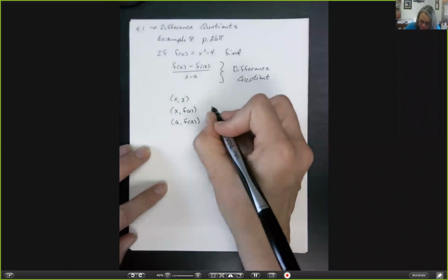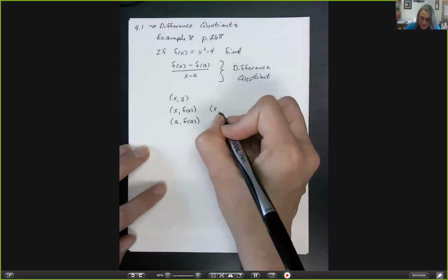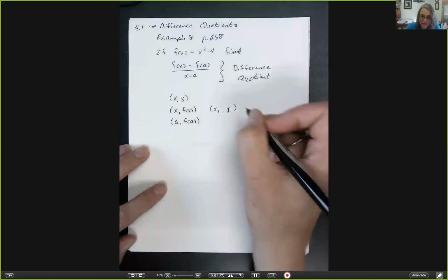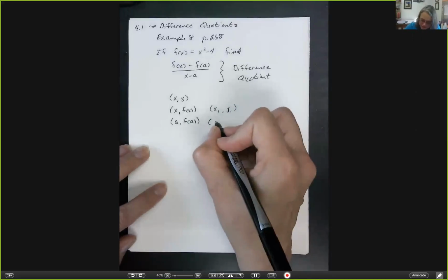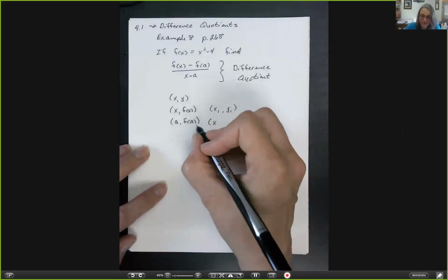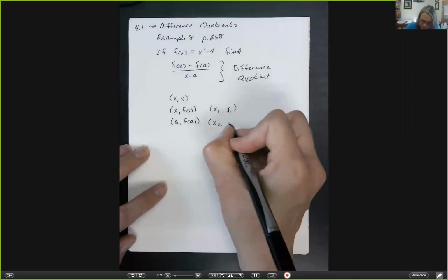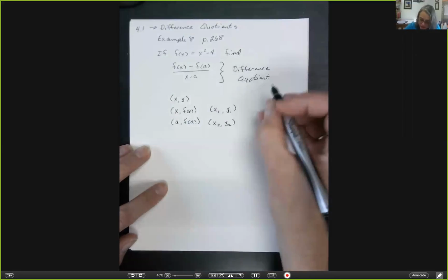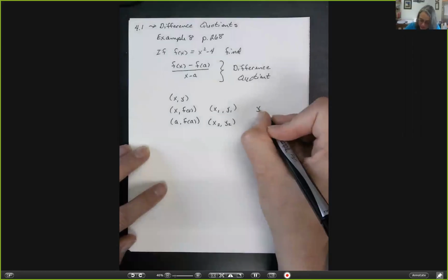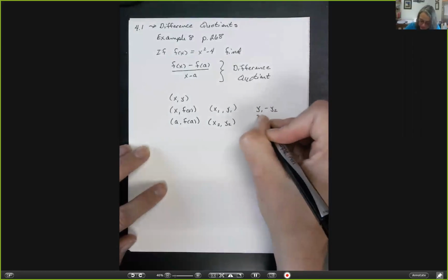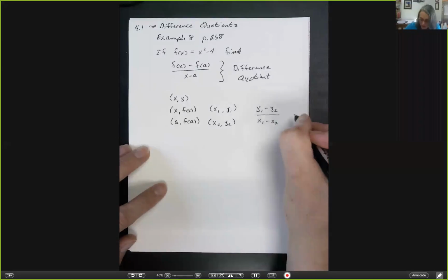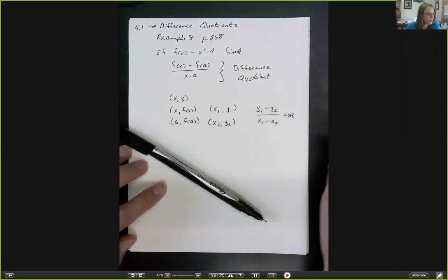So if we think of this x comma f of x as an x1 and a y1, a specific point on the function, and this a comma f of a, this point, is an x2, y2, our difference quotient becomes y1 minus y2 over x1 minus x2, which is the slope of a line between those 2 points.